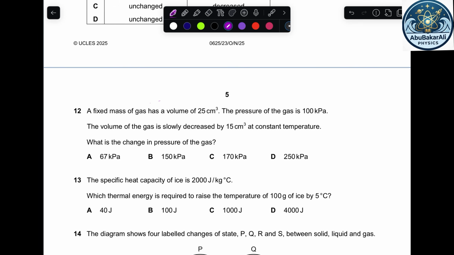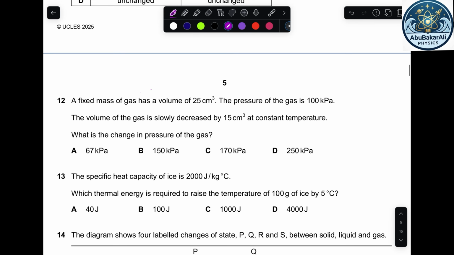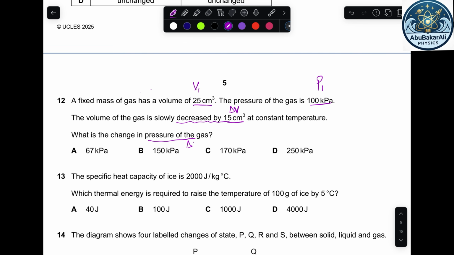Question 12. We have a fixed mass of gas with a volume, let's call this V1. The pressure of the gas is 100 kilopascal, let's call it P1. The volume of gas is slowly decreased by 15. So this is not V2, this is basically delta V, the change in volume. And what is the change in pressure? You have to find delta P. So what is the basic relation we have? P1 V1 equals P2 V2, but we have P1 and V1, and we don't have V2.